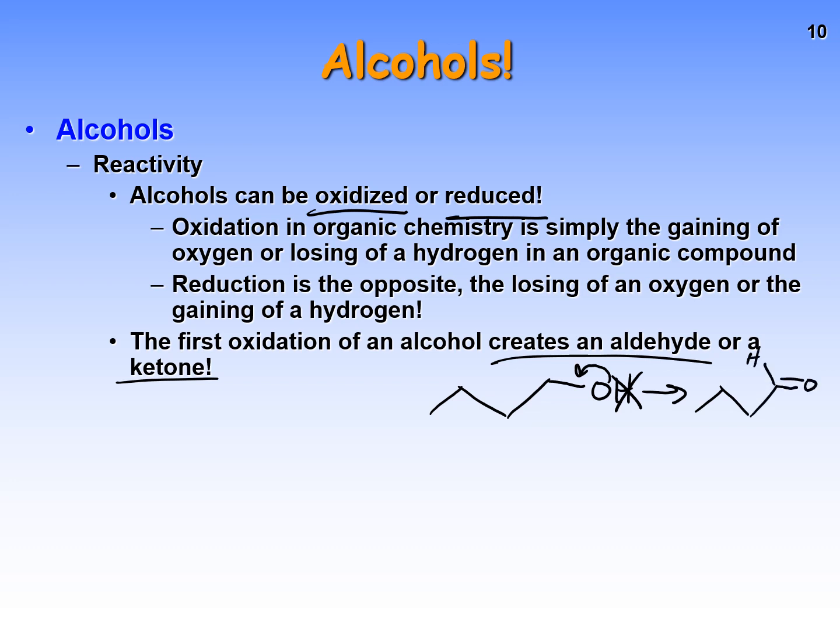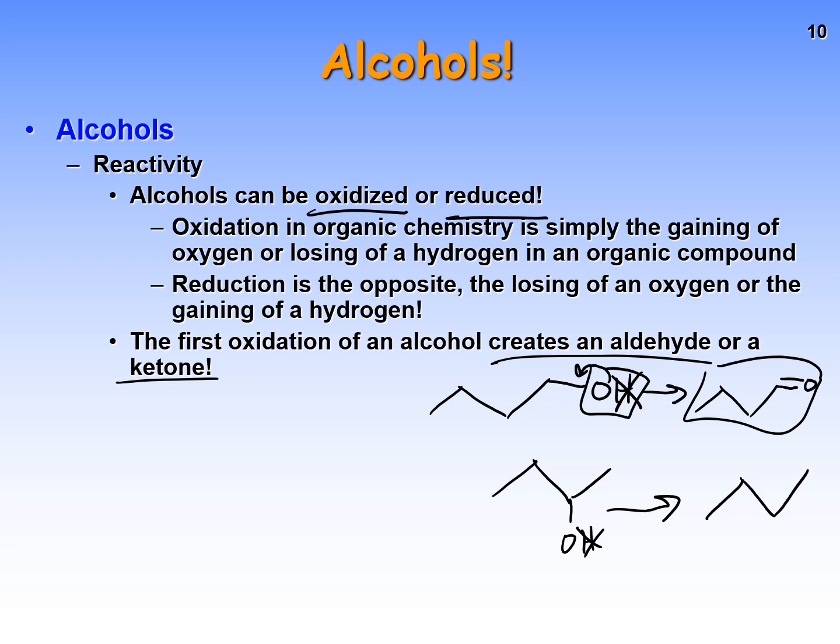There will be a hydrogen here that we're not showing, but that's an aldehyde. That happened because the OH group was at the end of my chain. If I had my OH group in the middle of the chain, then when I get rid of this hydrogen, we get a ketone because there's a carbon here and a carbon there.